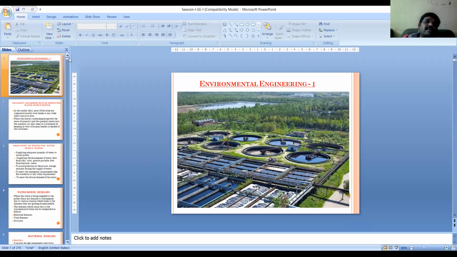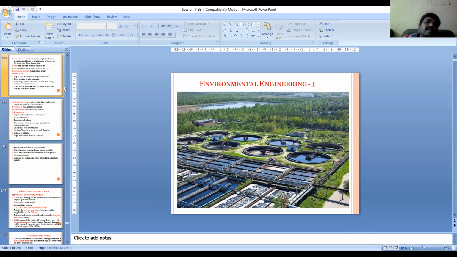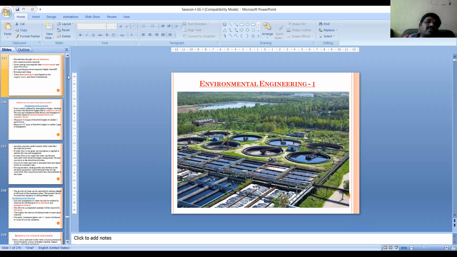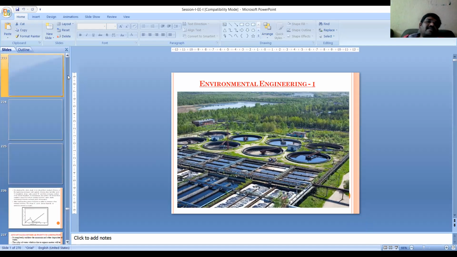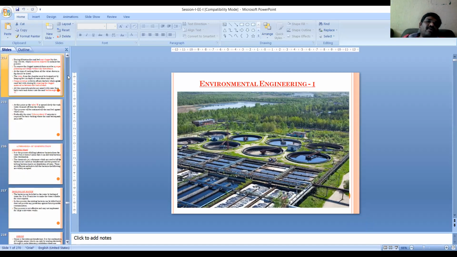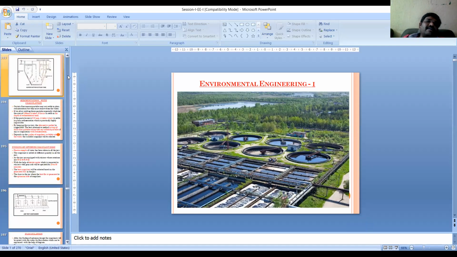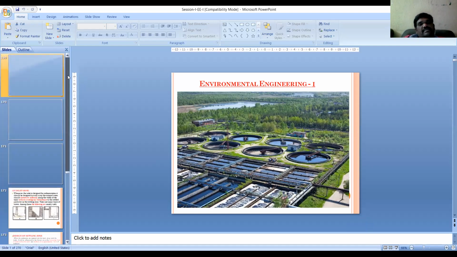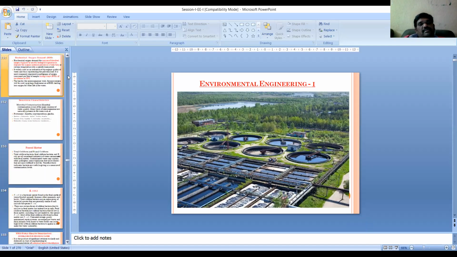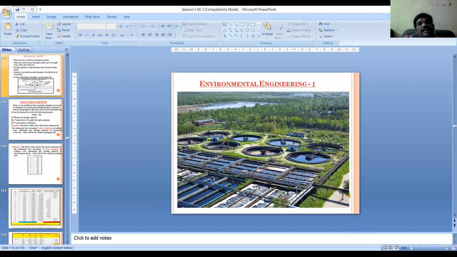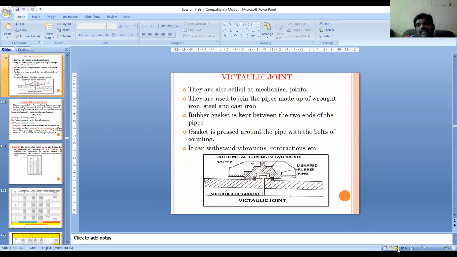See here, the topic joints is actually a very easy topic when you understand the concept, or when you are well versed in these diagrams. Why I'm going back: joints are a very important topic in the distribution system, joints and valves.